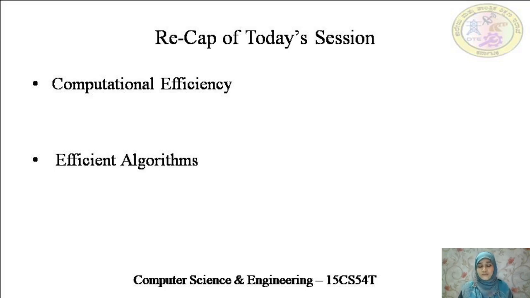We call this process race to idle. Then next is efficient algorithm. As you know, there are different kinds of techniques used in computational efficiency. One of the techniques is efficient algorithm. What is an efficient algorithm? It is how best you can make the algorithm perform to give more results with the minimum usage of energy.